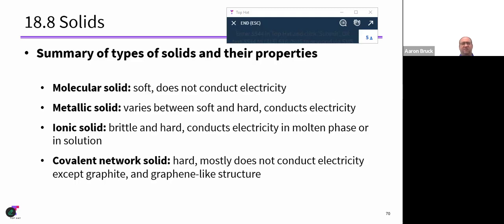And then the network solids, these are mostly hard substances, although graphite and graphene are a little bit of an exception to that. They don't conduct electricity for the most part, but graphite and graphene do. So graphite and graphene are kind of the exceptions of these, but they're also probably the most interesting.